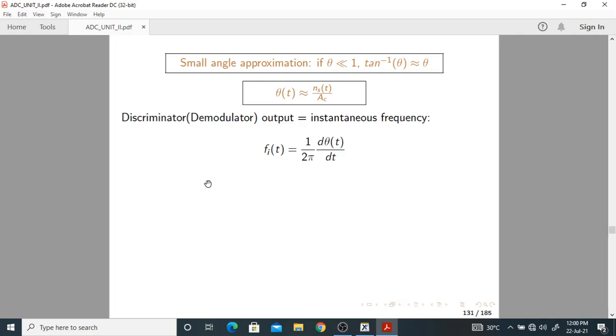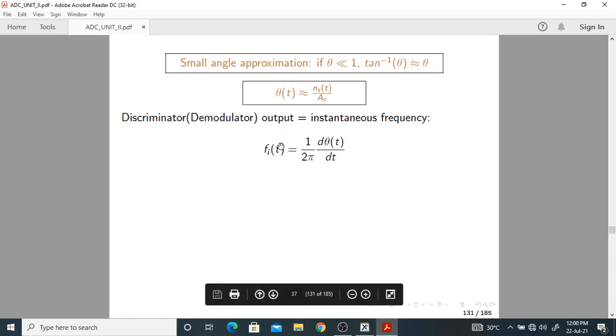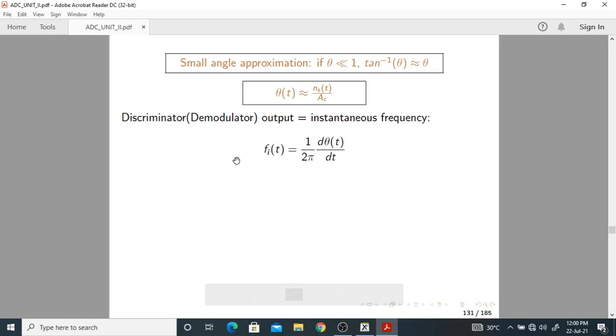Now, as I told you, discriminator output is nothing but the instantaneous frequency, that is equal to fi of t. You know already the relation between instantaneous angular frequency and angle. What is that? If you differentiate the angle, you will get the frequency.